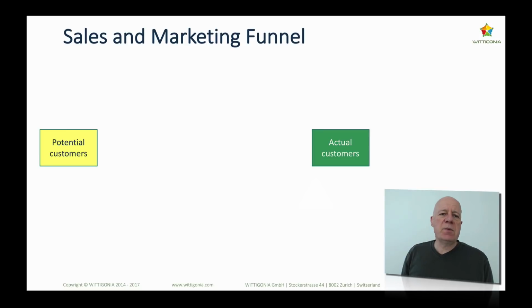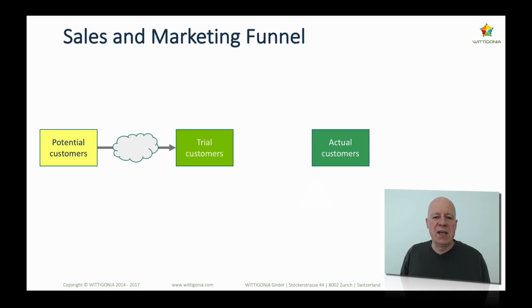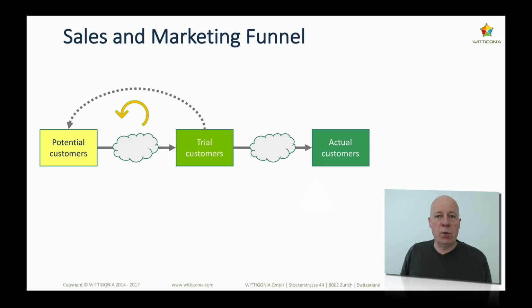So when we talk about the sales and marketing funnel, rarely do the potential customers immediately become actual paying customers. So there's typically something in between. First, through some marketing magic, which we're not covering here in this topic today, but a little bit later, they become trial customers. And after the trial period, they may or may not decide to be customers who buy or subscribe to the product.